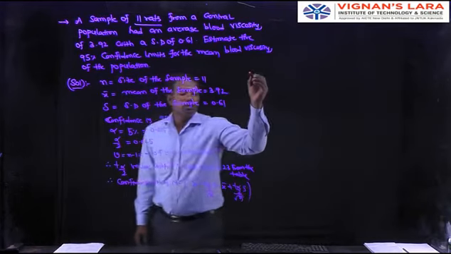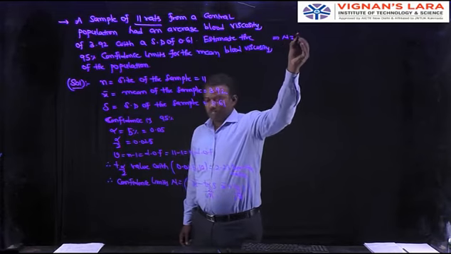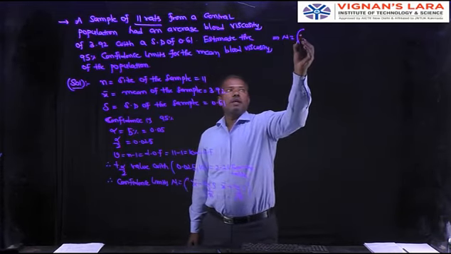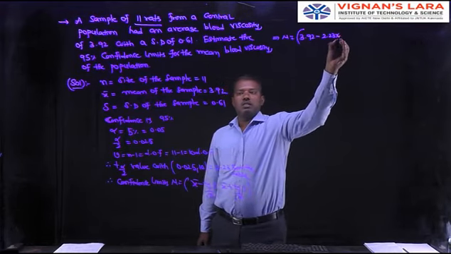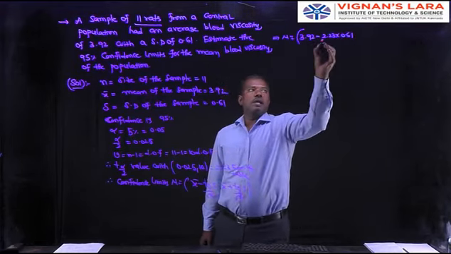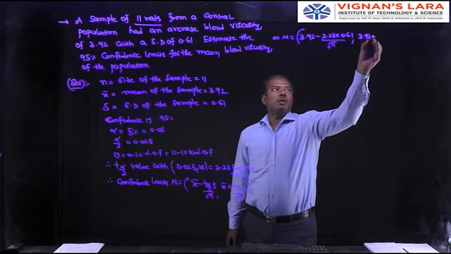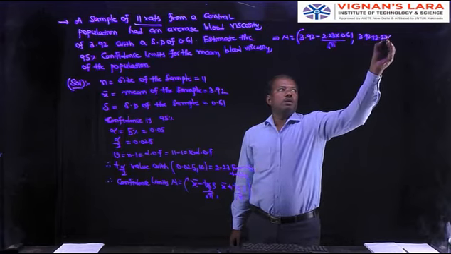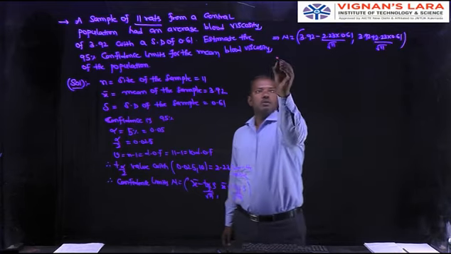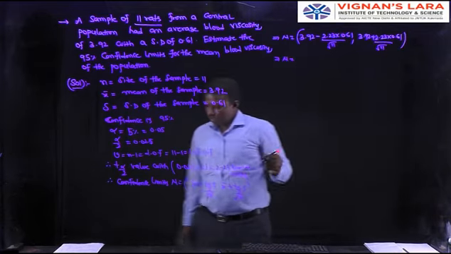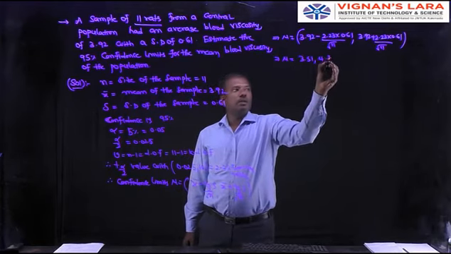Then mu is, what about x bar? 3.92 minus t alpha by 2, 2.23, into s, 0.61, by root 11, comma, 3.92 plus 2.23 into 0.61 by root 11. So the value of mu lies in between 3.51 and 4.33.